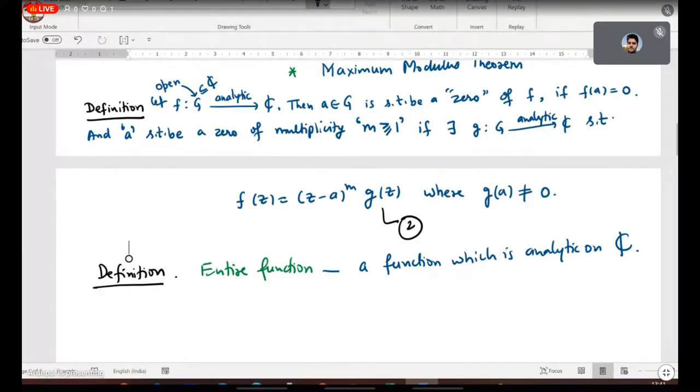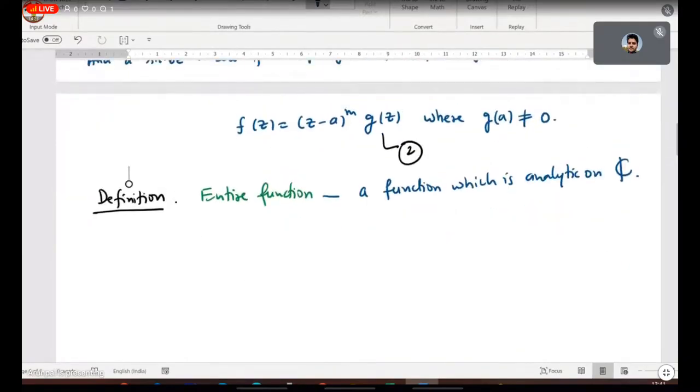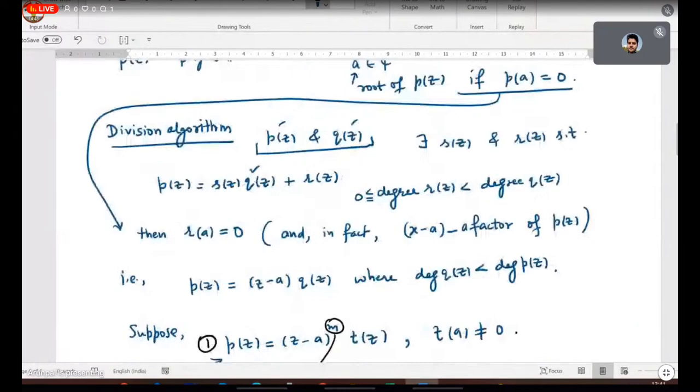So class, if you recall, last time I told you that an analytic function has a power series expansion, and that finally resulted in the fact that an analytic function is infinitely differentiable. Right, class? This I told you last time.